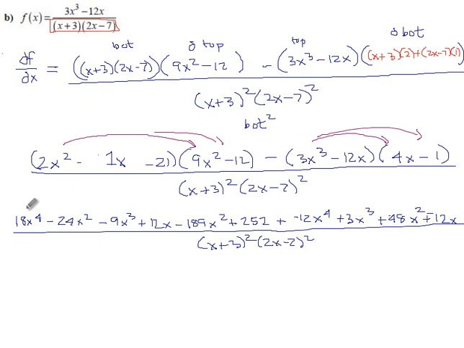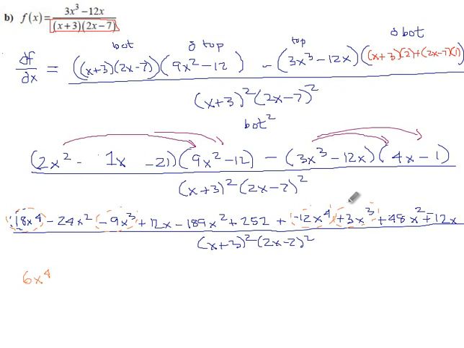If we collect terms now, fourth power is my highest. 18x to the fourth minus 12x to the fourth gives 6x to the fourth. For cubes, we have minus 9x cubed.